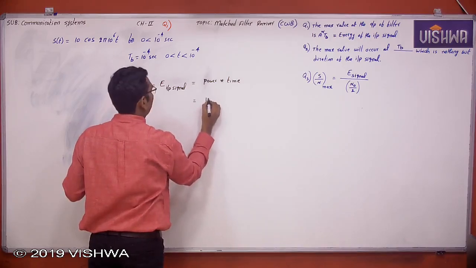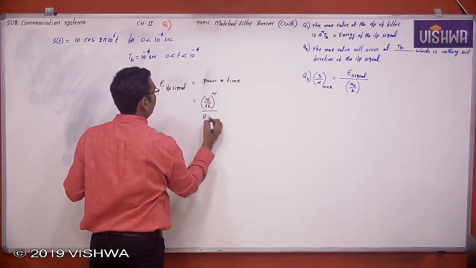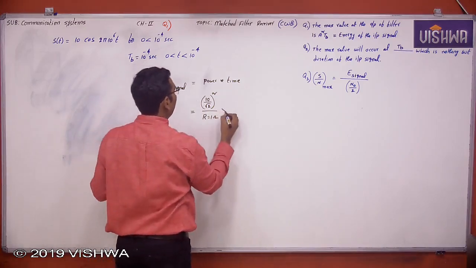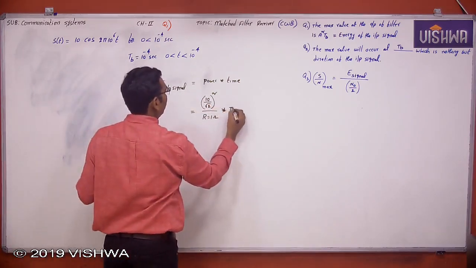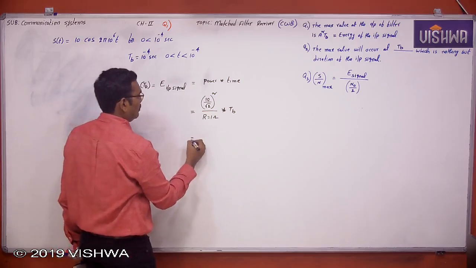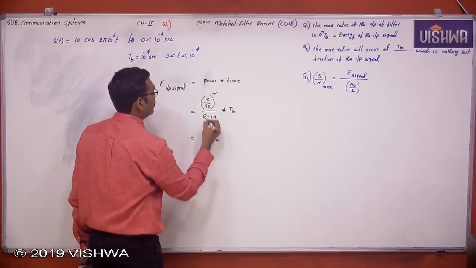What is the power? Peak amplitude divided by root 2 is the RMS value. Vrms square by R, with R equal to 1 ohm. Now, power into time. What is the time? The time is TB. Which is nothing but 10 square, 100 by 2, into TB.